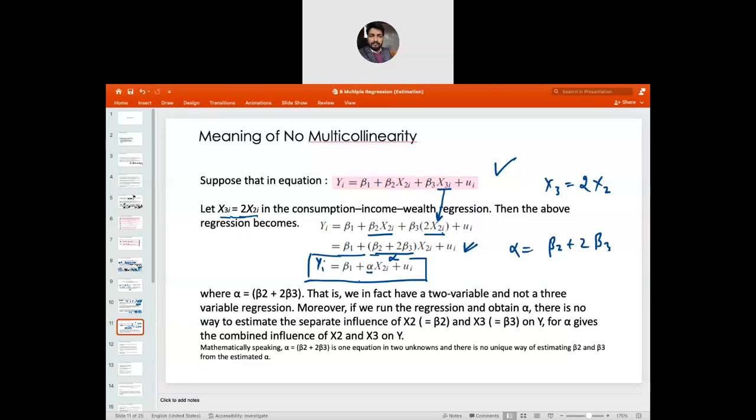So you can see that there is no need to run this regression, because whatever beta 2 you will get and whatever beta 3 you will get, you can simply multiply beta 3 by 2 and add beta 2 to it to get alpha, which is the coefficient of X2, right? So alpha measures the effect of X2 on Y.